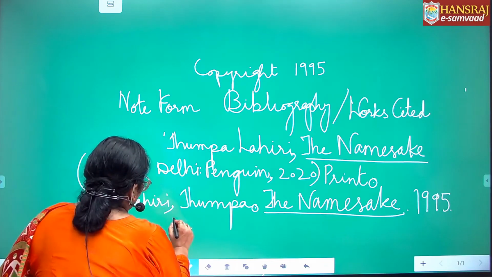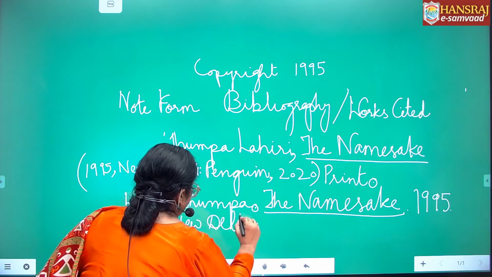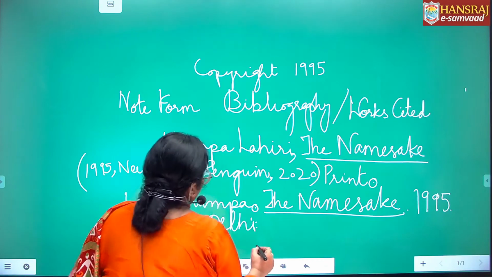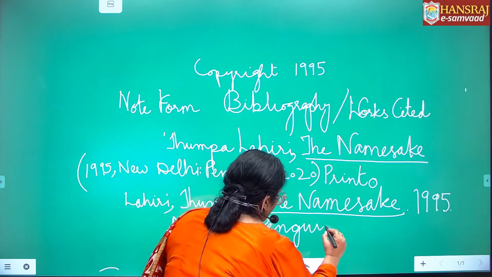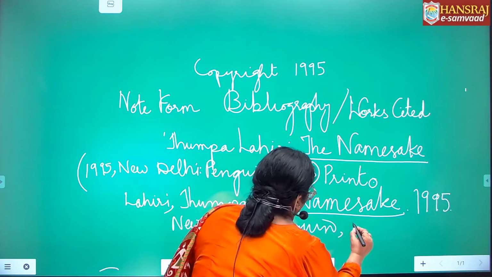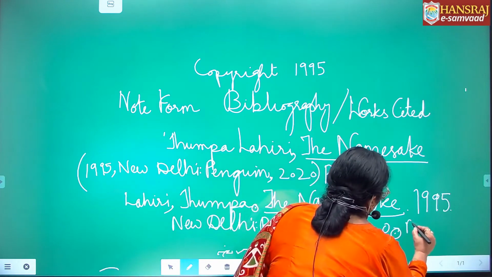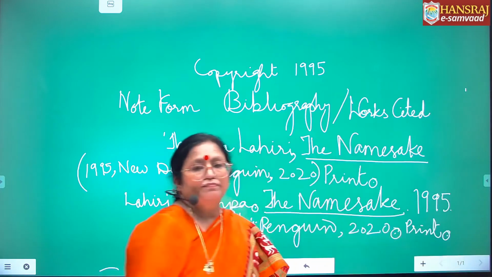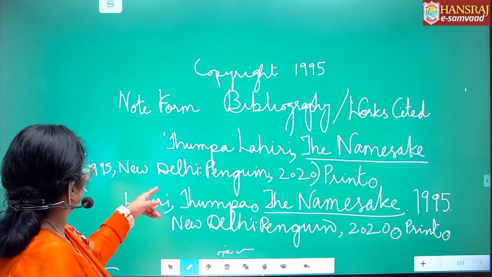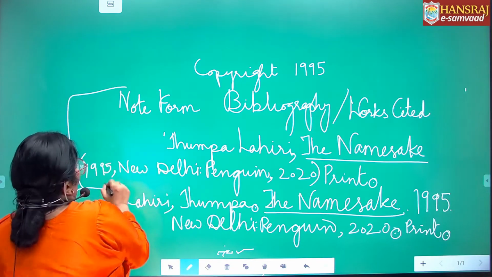So it is now New Delhi, colon, Penguin, comma, 2020, full stop, and print. So now you see that this is the first note form.